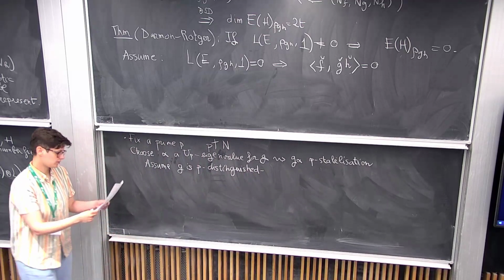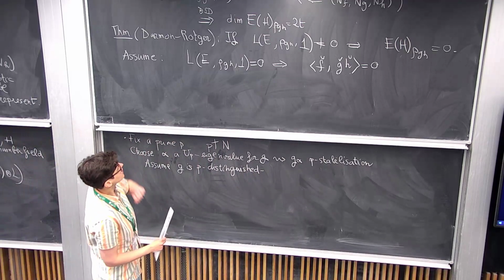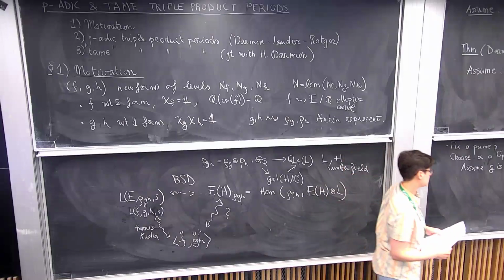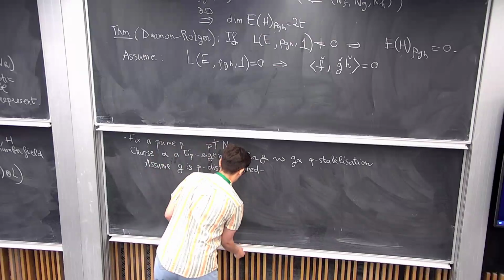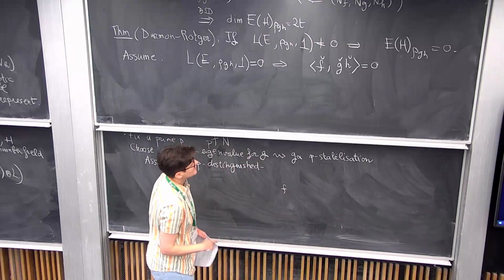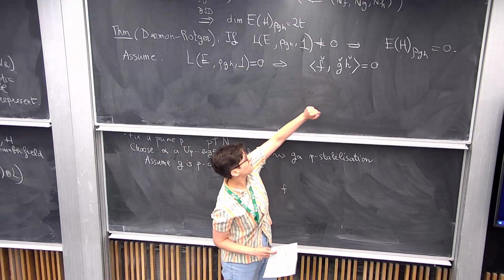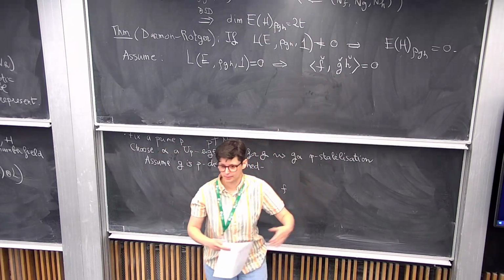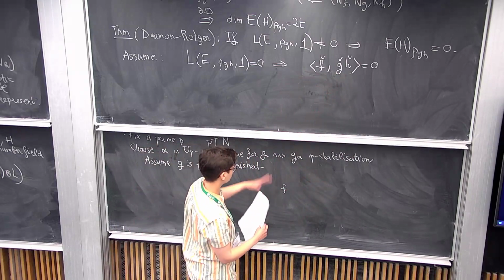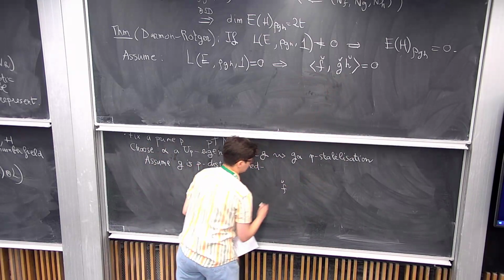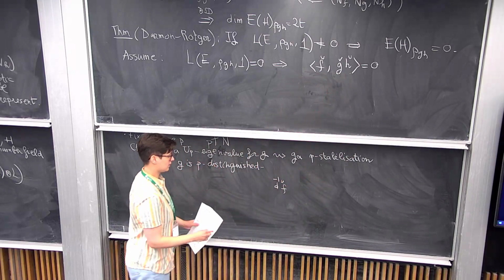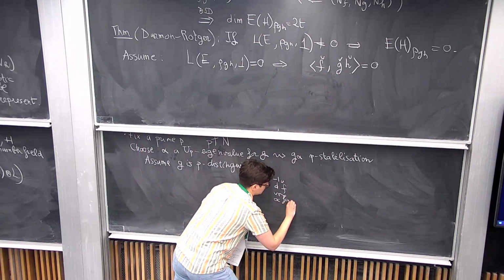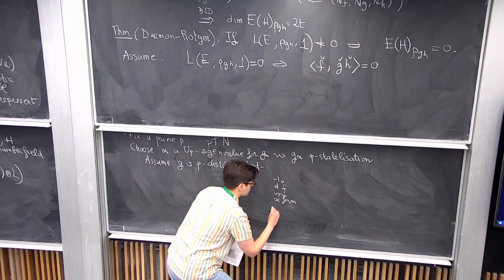Darmon, Rotger, and Lauder define this sort of analog of the classical triple product period in this setting as follows. Instead of, roughly speaking, multiplying G and H and looking at the F-isotypic component, maybe divided by the Petersson norm of F, I'm going to do something slightly different. I'm now going to take F, take a primitive of F, and this is going to give us an overconvergent form of weight 0.